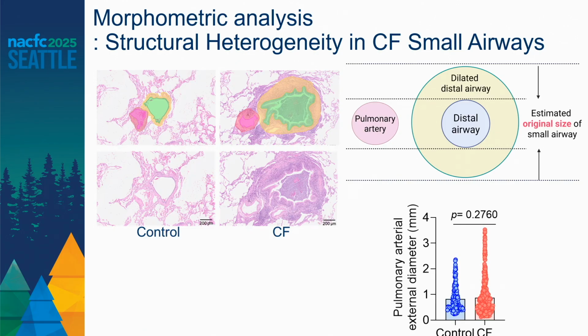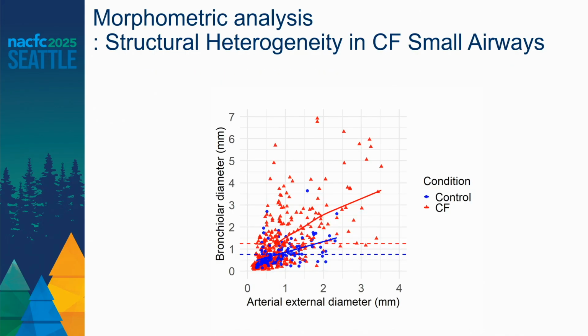Of course, we first checked that there are no differences in pulmonary arterial diameters between control and CF. Then this is the scatter plot of each parameter: the x-axis is arterial external diameter and the y-axis is bronchiolar diameter, the small airway size.